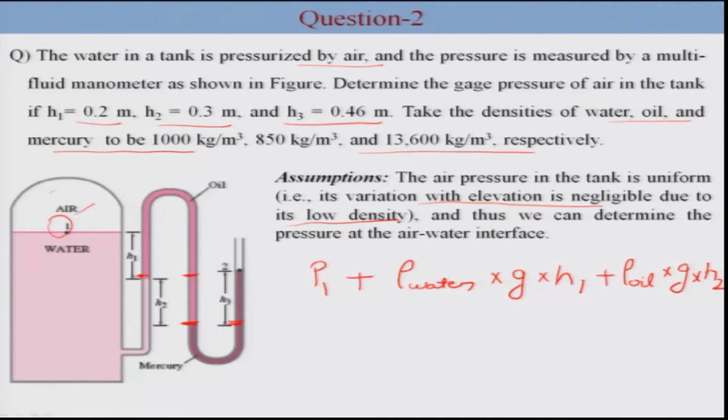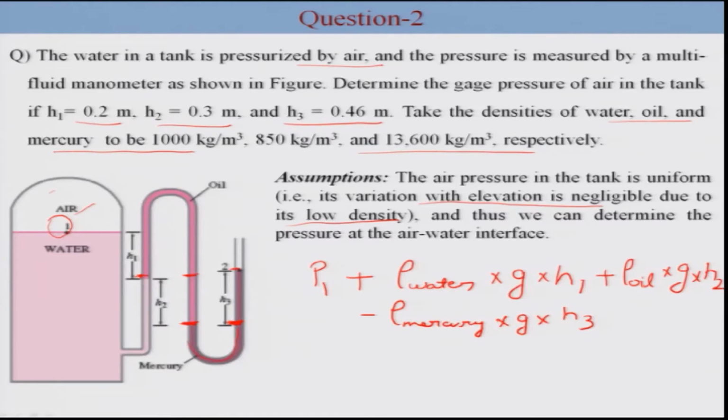Now, we know the pressure at this point and we are moving in the upward direction. So we need to subtract the pressure because of height h3, and this fluid is mercury. So it will be density of mercury multiplied by g into height h3. Now, we get the pressure at point 2.